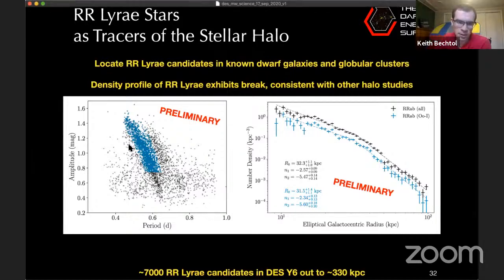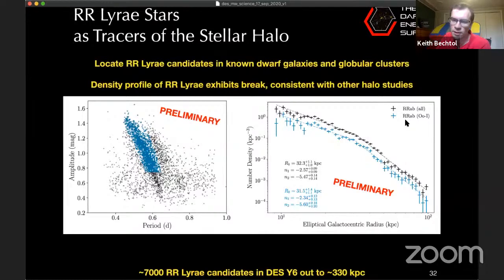You can again use this relationship with the period and the amplitude of variations. You can clearly see these two Oosterhoff sequences, groups of the RR Lyrae stars. You can fit their distances, and then this is what the density profile looks like, separated for the entire population of RRab stars, and then the Oosterhoff 1 group.